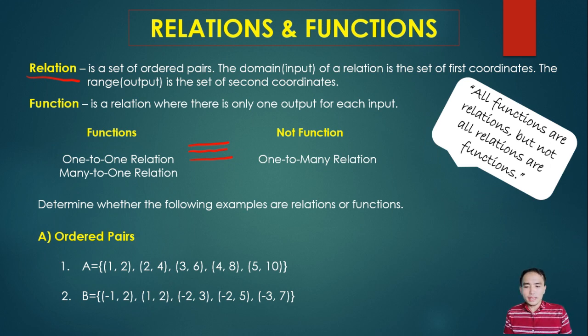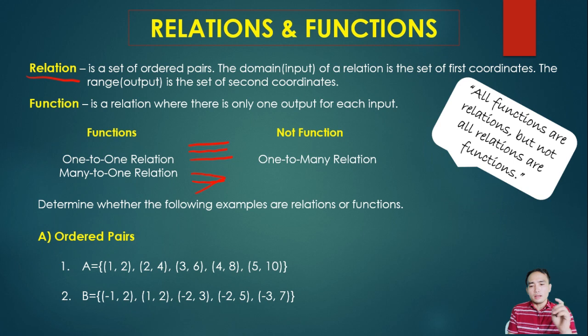Many-to-one relation naman kapag marami yung ating x values and then nagsishare lang sila sa isang output. So, ibig sabihin, marami yung x values natin but we have only one output. So that is many to one.